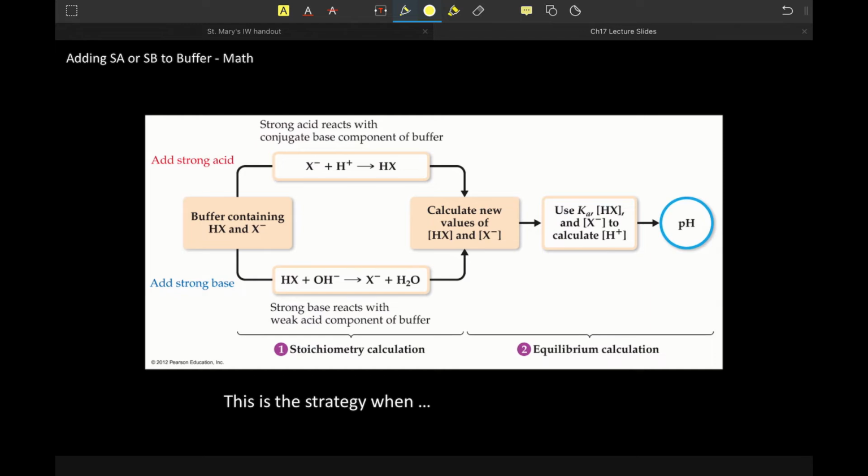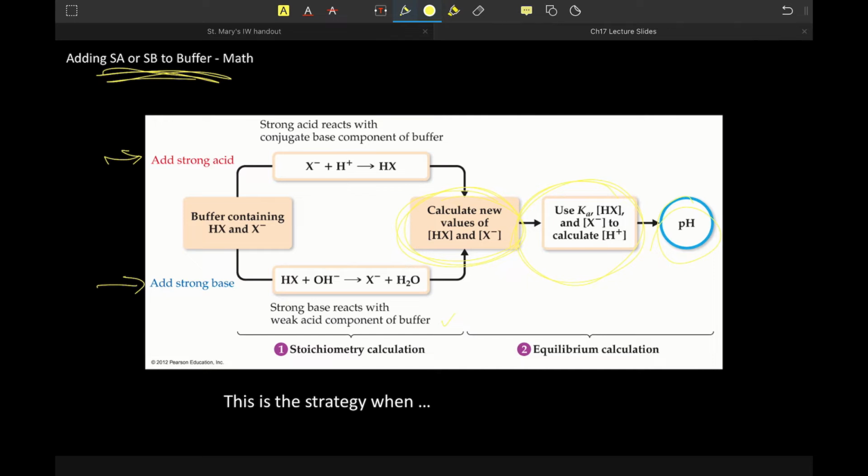All right, so let's go ahead and talk about how to solve a problem. If we were adding strong acid or strong base to a buffer and we wanted a more quantitative relationship, first we would add either our acid or our base. And because strong acid and strong base react completely, we would basically do an ICE or a stoichiometry calculation to come up with our new concentrations of HA and A minus. And then we would use a K expression to get to pH.